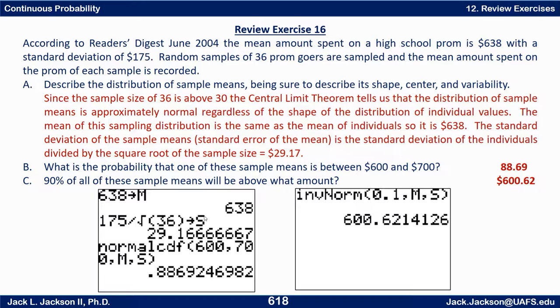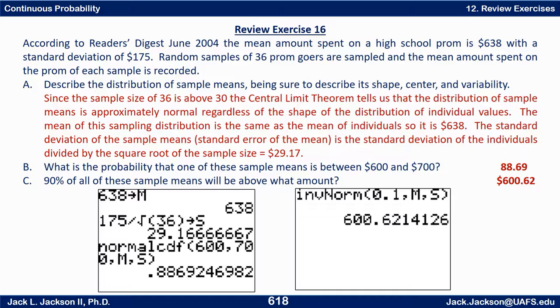Store that as my s, so I don't have to type all those digits in again. So that's the standard deviation of the sample means, the standard deviation of the x bars, also known as the standard error of the mean. So that's about 29.17. So about $29.17 is about the standard deviation we'd expect on the means.